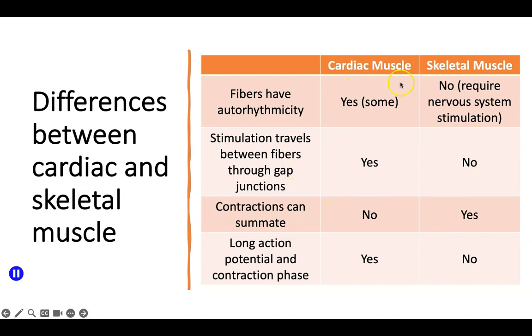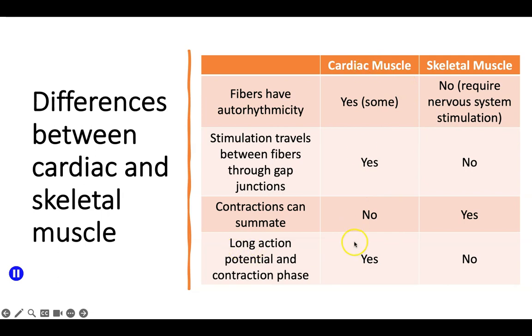Contractions can summate in skeletal muscle, but not in cardiac muscle. Really, in cardiac muscle, we want to be able to control the contraction. We want it to be exactly the size it is supposed to be in that cardiac muscle, and it just works better to have contractions that do not summate in cardiac muscle.